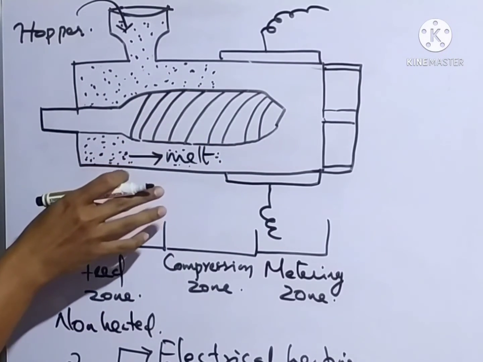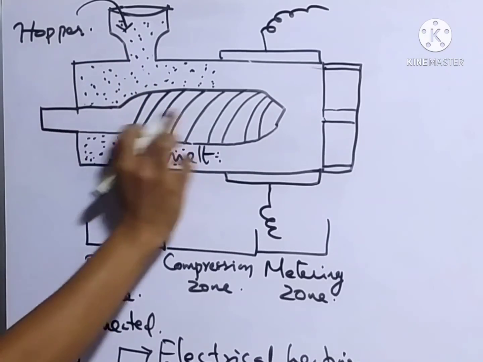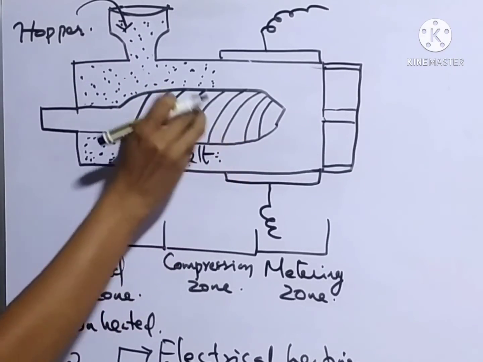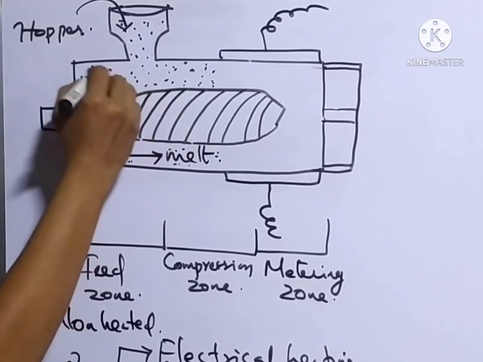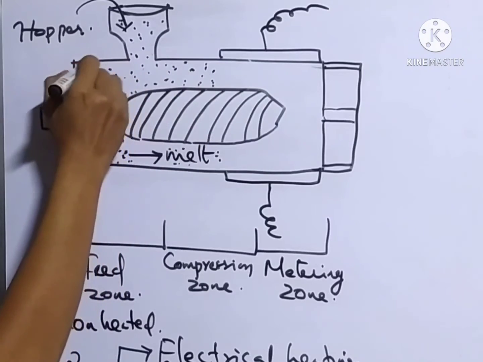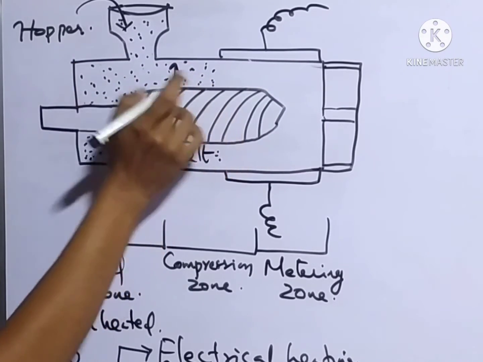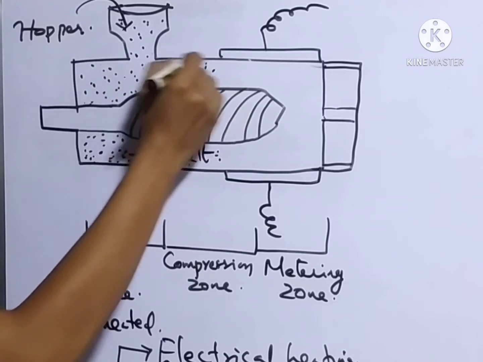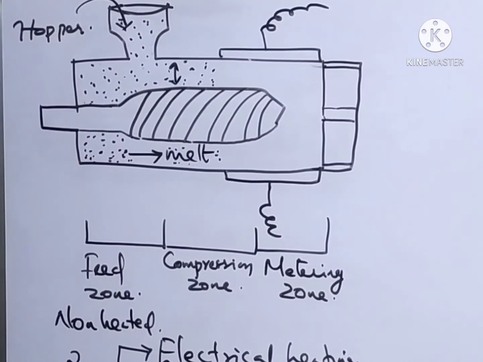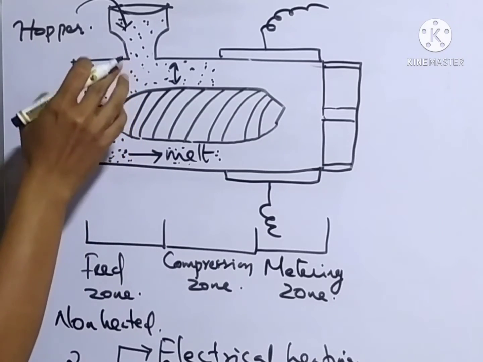So here in the compression region, the melt is compressed by the working of the screw, between the screw and the walls of the cylinder. And the heating effect is produced by this process.